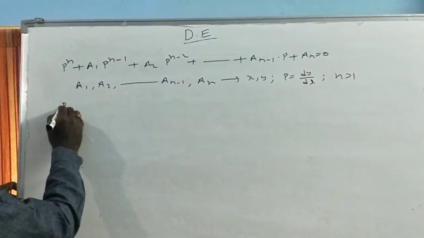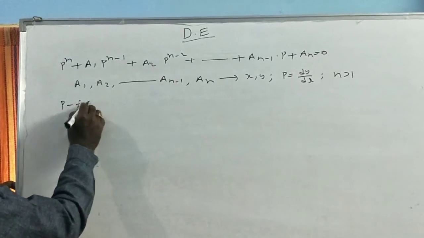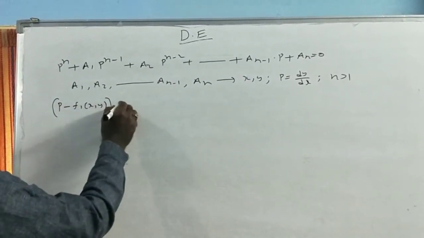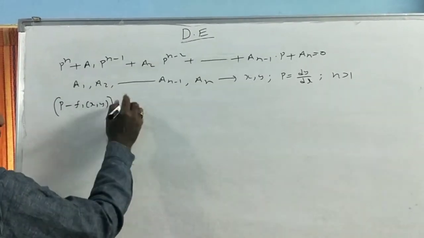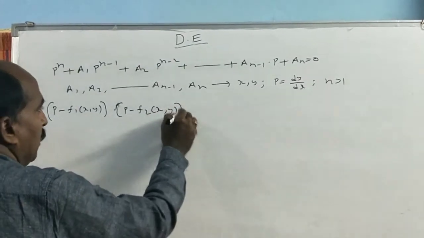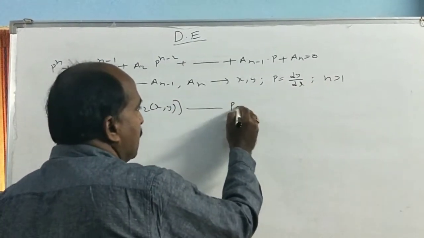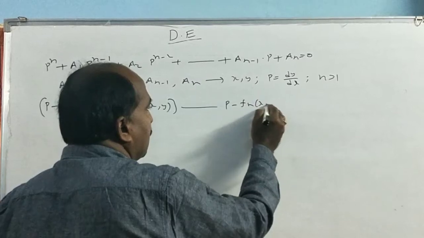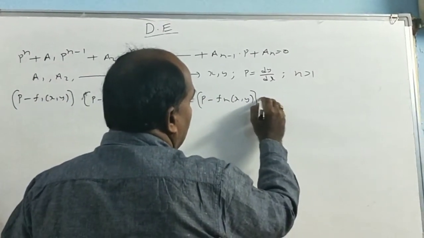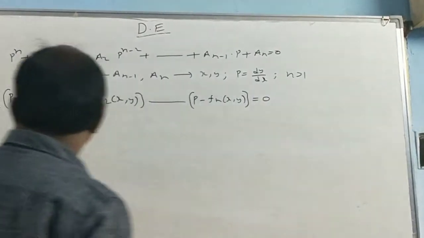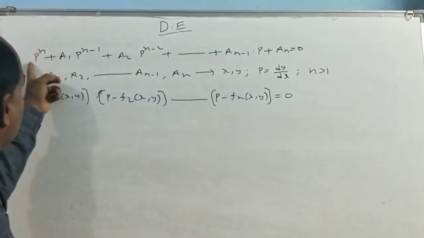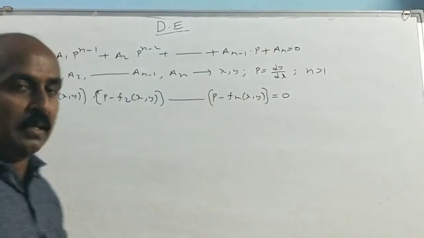Those are (p minus f1 of x, y) into (p minus f2 of x, y) and so on (p minus fn of x, y) equal to 0. These n linear factors represent this nth degree polynomial.